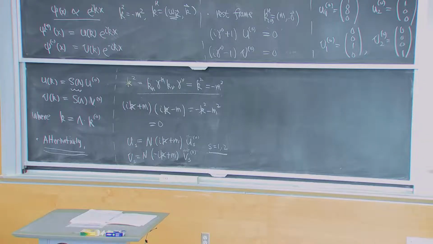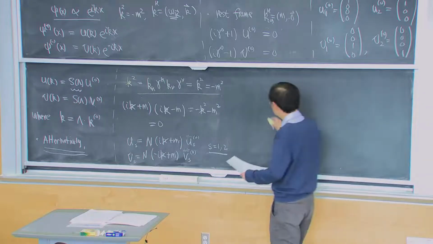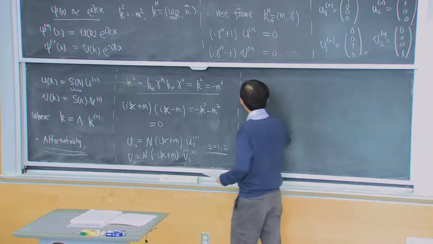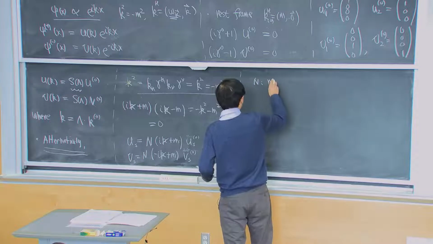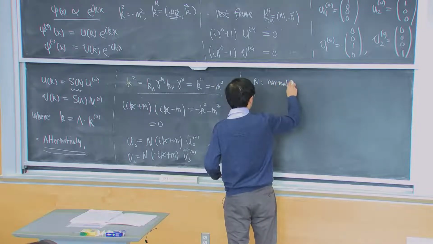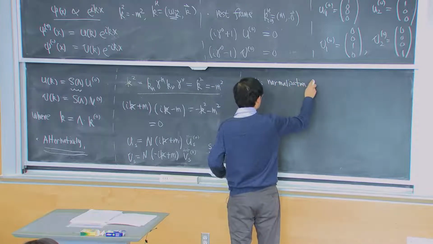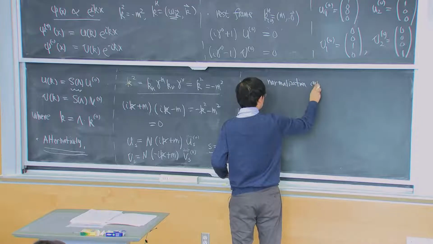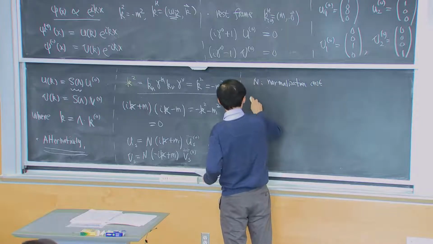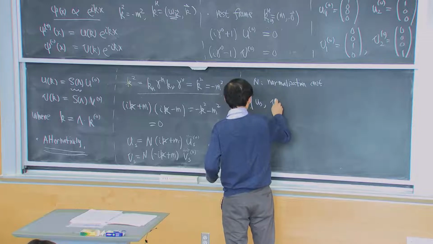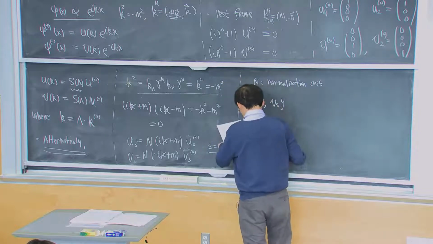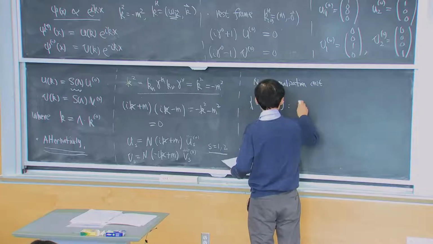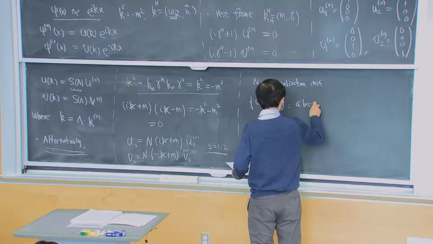So N is a normalization constant, and so the u_s and v_s then provide a basis of solutions.